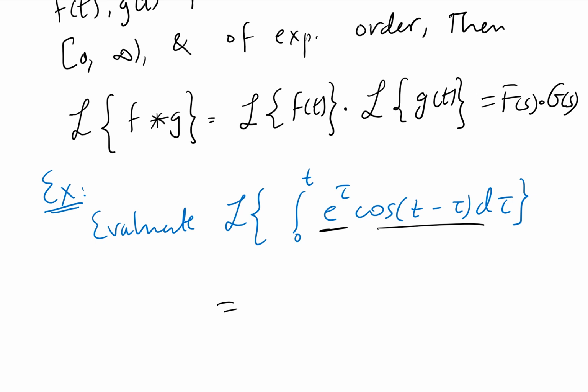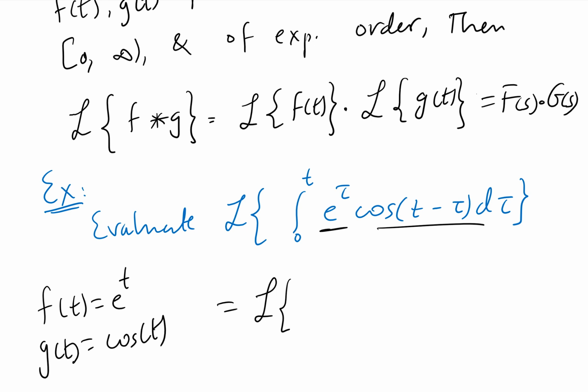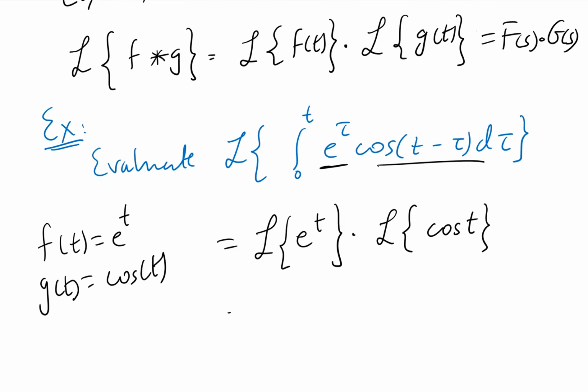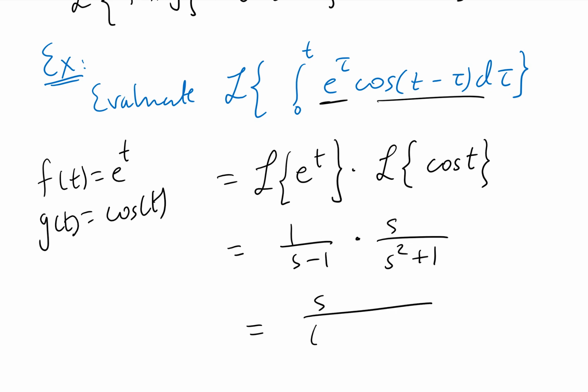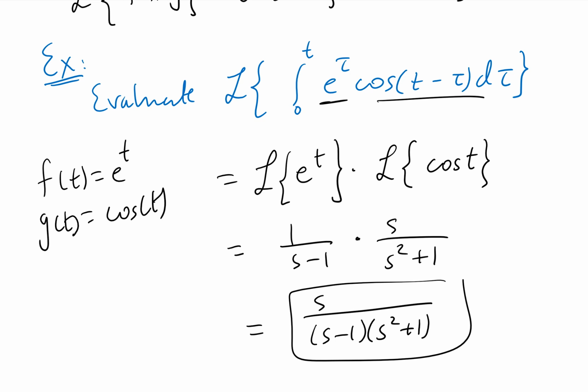By the theorem, f of t here is e^t, and g of t would be cosine t. So the Laplace of f of t times the Laplace of cosine t. This is simple: 1 over s minus 1, and this is s over s squared plus 1. If you multiply top by top and the denominator by the denominator, you get this one. So that's how the theorem helps.